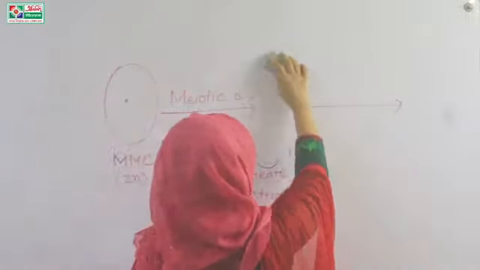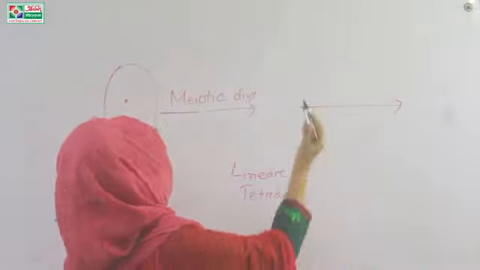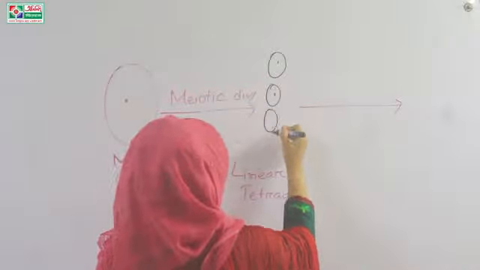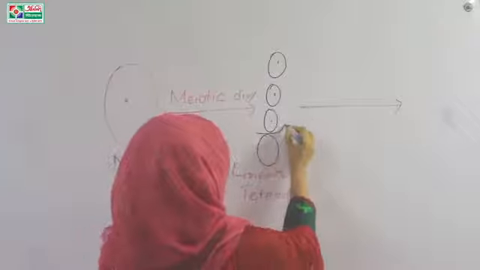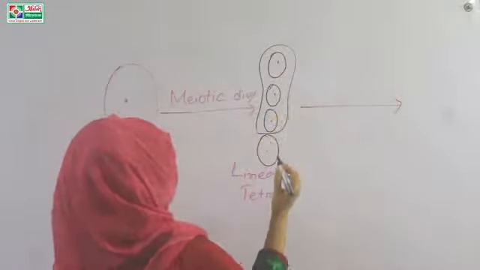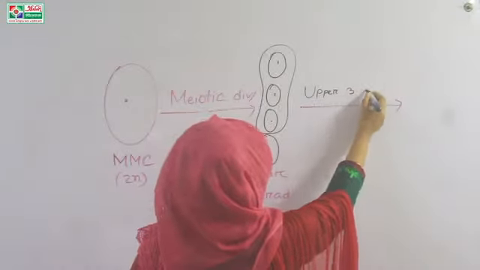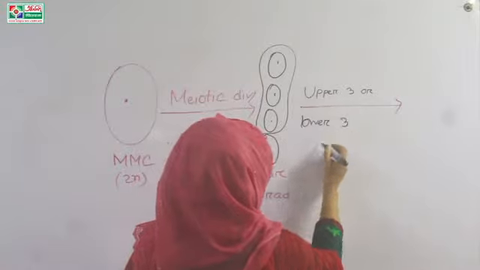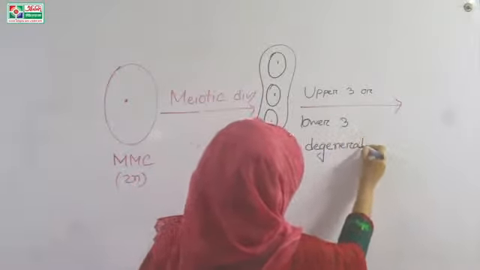Suppose the upper 3 are degenerating in this case. 1, 2, 3 and 4, and the upper 3 are degenerating. So, upper 3 or lower 3 degenerate.